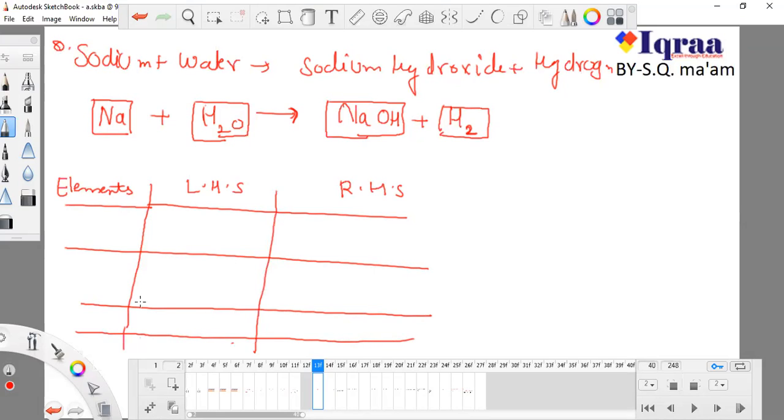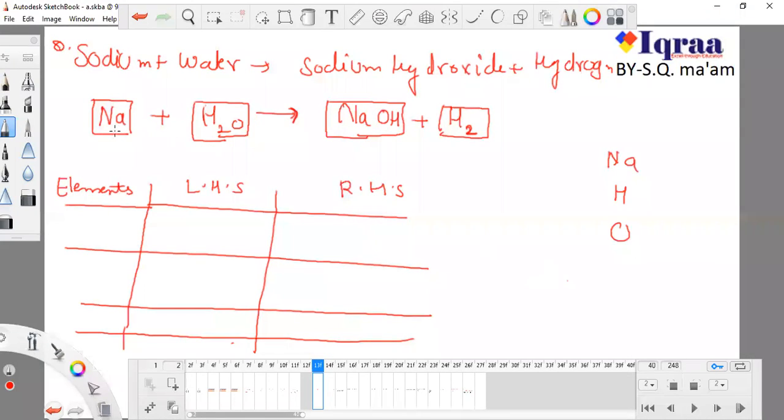Okay, now we have three elements: sodium, hydrogen and oxygen. I told you about a rule for which element I should pick first. The first element to pick to balance is the element with the highest atomic number.